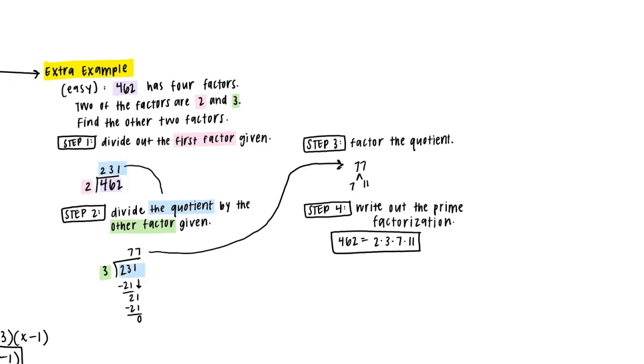So take that 231, divide that quotient by the other factor given, so that you're making it like a factor tree. So you take the 231 and divide it by 3 now. When you do that, you get 77. You're going to keep factoring out the quotient. So now you have 77. That's a lot easier to factor down. You know that that factors down into 7 times 11.